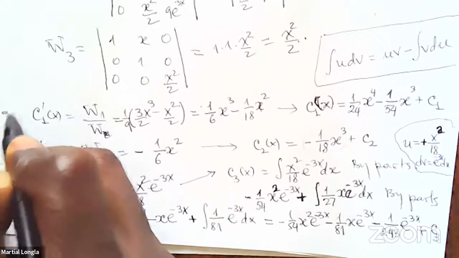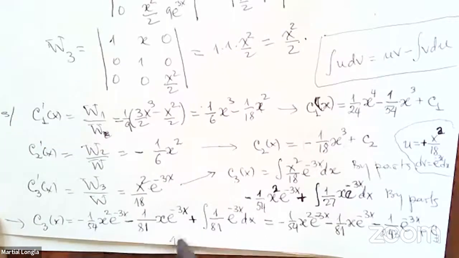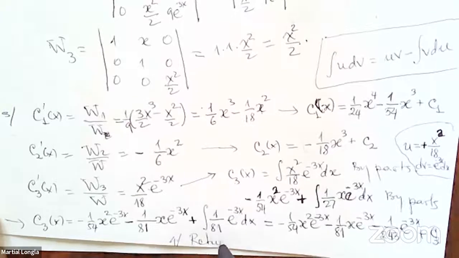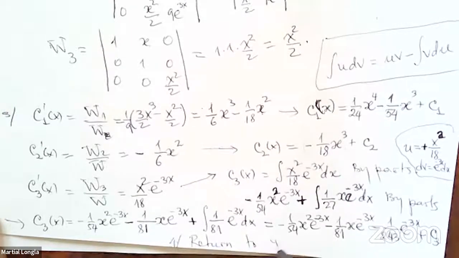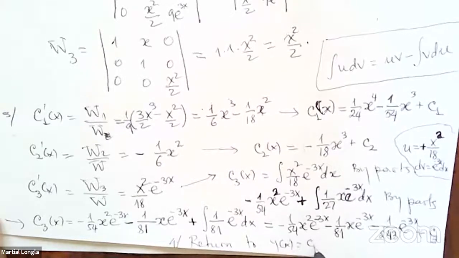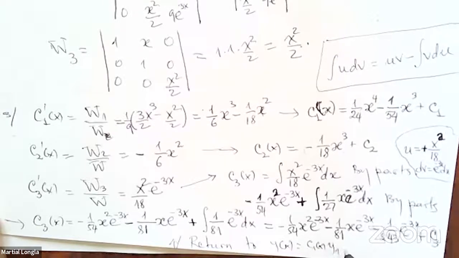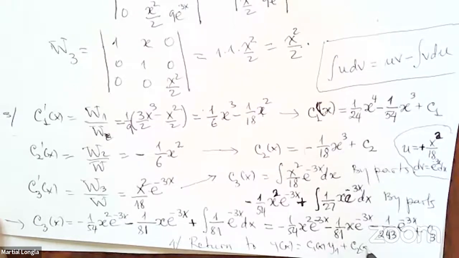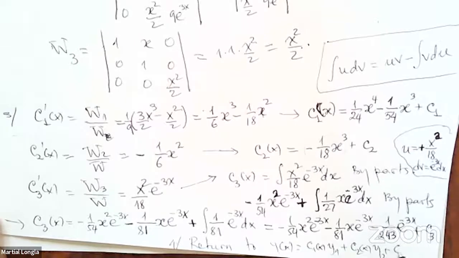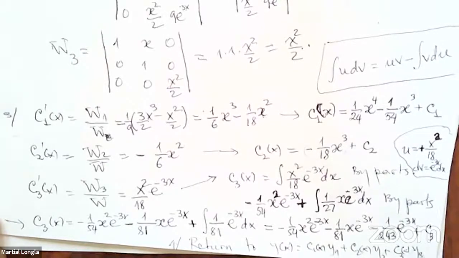That was step 3 here. And on step 4 here, return to y of x equals c1 of x, y1 plus c2 of x, y2 plus c3 of x, y3. That's it. Questions?